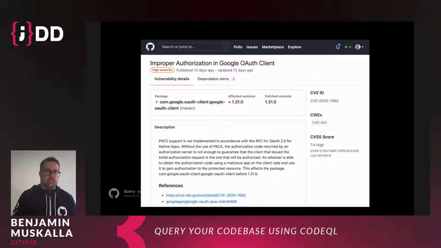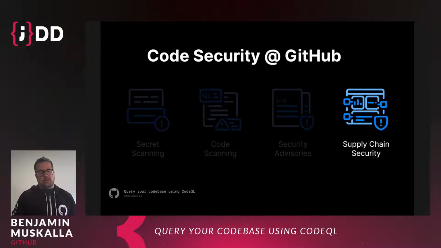It assigns the CVE ID. You essentially tell it which package is affected, which version is affected, which version actually patches the problems in those libraries. And that helps the ecosystem to keep track of all the things that are happening, and it allows us to feed that information into the next step, which is supply chain security.